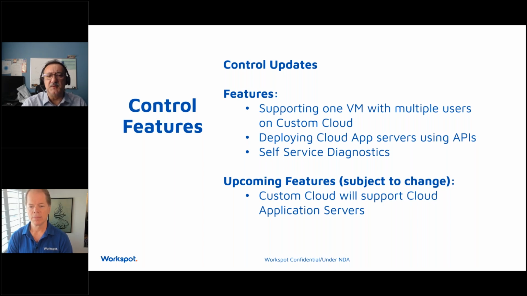And customers say, no, we want to keep it on our hypervisor platform, but we want Workspot to manage the policies and the entitlements. So we have this thing called Cloud App or Custom Cloud, where we won't do the provisioning. The provisioning is still done through the various hypervisors, and then we will just manage the policies as well as the entitlements and provide the client side interface to those resources.